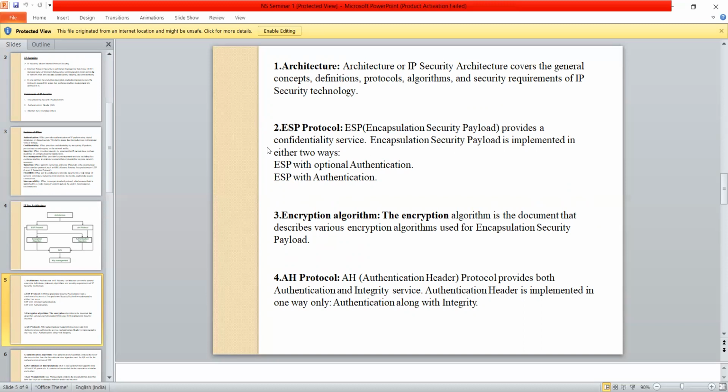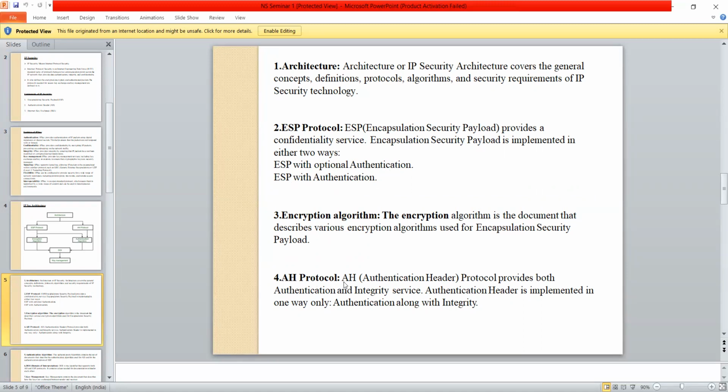Then the encryption algorithm: it is the document that describes various encryption algorithms used for Encapsulating Security Payload.